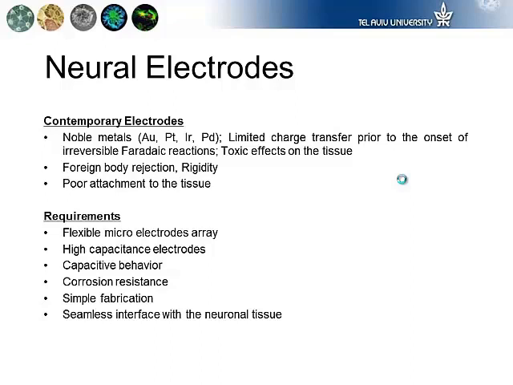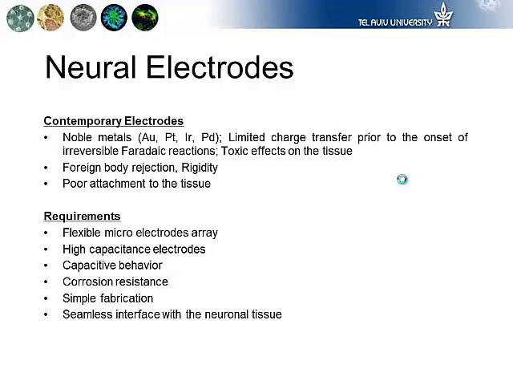Of course, there's the issue of body rejection, plus the issue of rigidity, which is a very major concern when it comes to interaction with biological tissue. And generally, the other very critical issue is the attachment between the device and the physiological tissue.